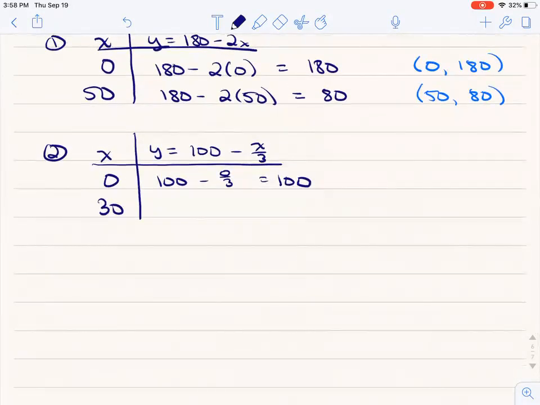So we get 100 minus 30 divided by 3 is 90. So our ordered pairs are 0, 100 and 30, 90.